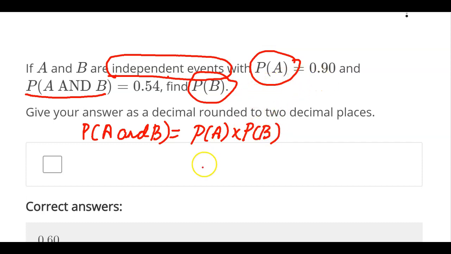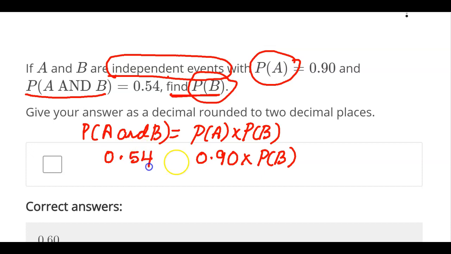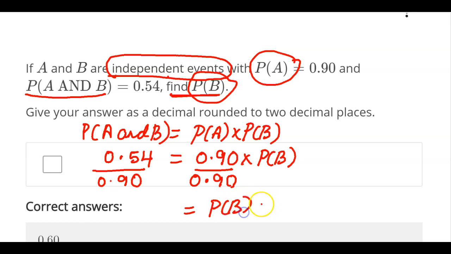They gave me the probability of A, which is 0.90. What are they asking me to find? The probability of B. What else did they give me? The probability of A and B, which is 0.54. To find the probability of B, you simply divide both sides by 0.9 and you end up with the probability of B equal to 0.60.